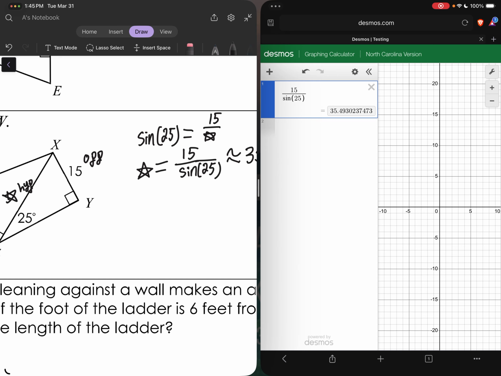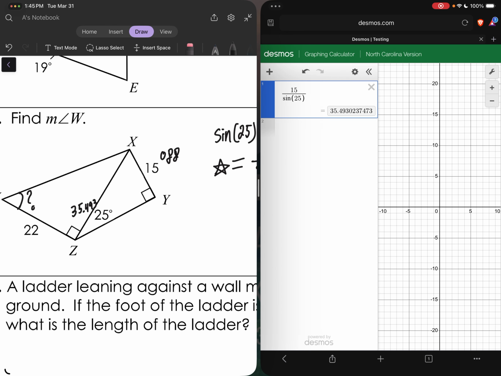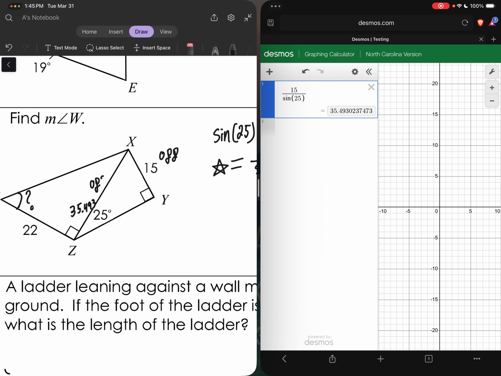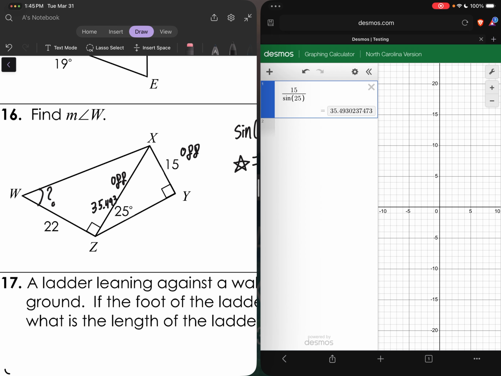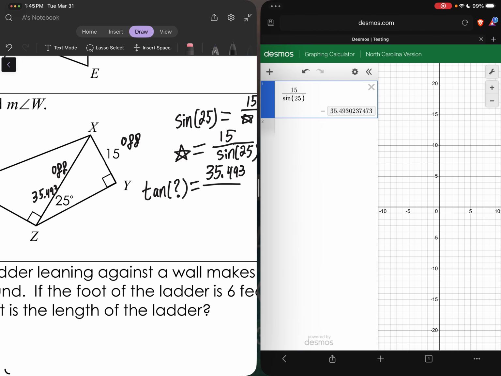Okay, from here, I have 35.493 as the length of the leg on the second triangle, the one on the left. I have this as the opposite of my angle, and the 22 is adjacent to my angle. Opposite over adjacent is tangent, so tangent of my question mark, what I'm looking for, is equal to opposite 35.493 over my adjacent 22.